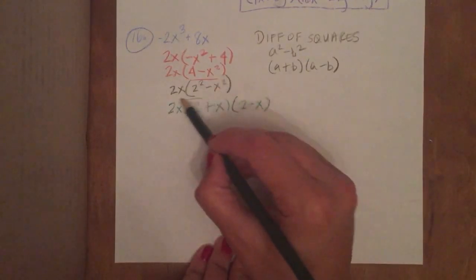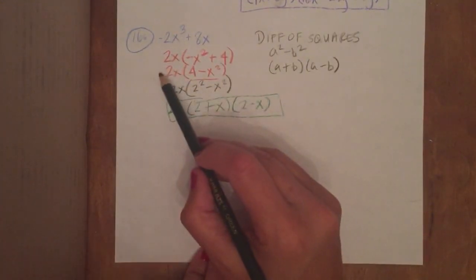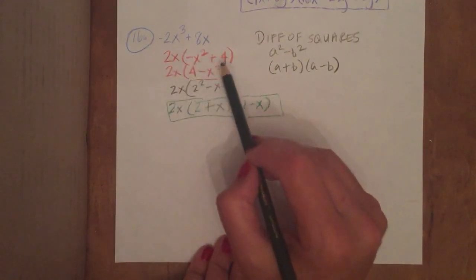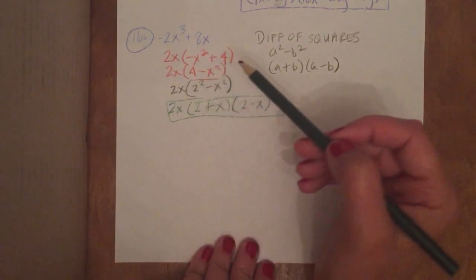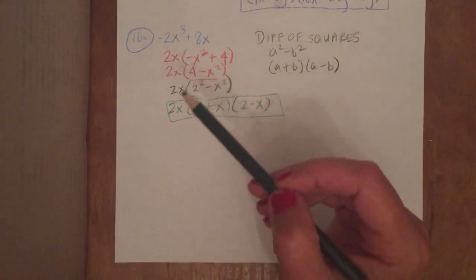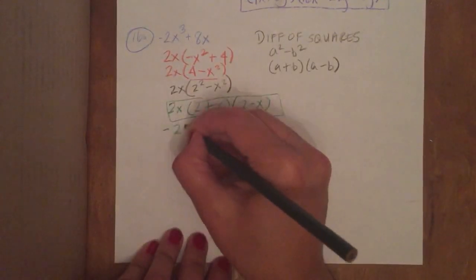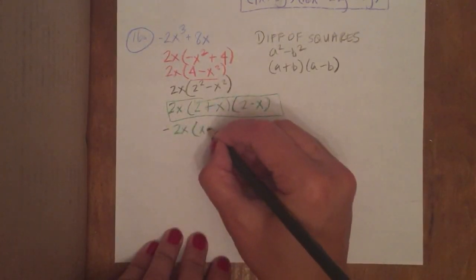The other thing you could have done is you could have factored out a negative 2, and this would have been x squared minus 4, and you would have had x plus 2, x minus 2. Either way would have worked. You would have just had a negative on the outside. Your answer would have looked like this, with the negative 2x factored out.